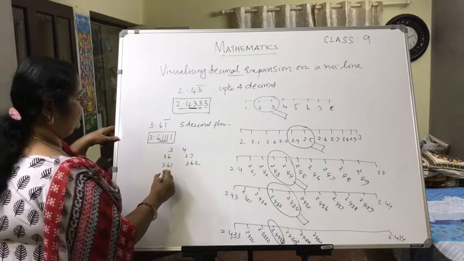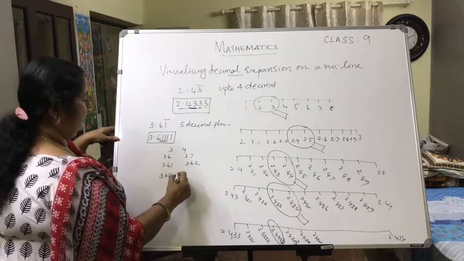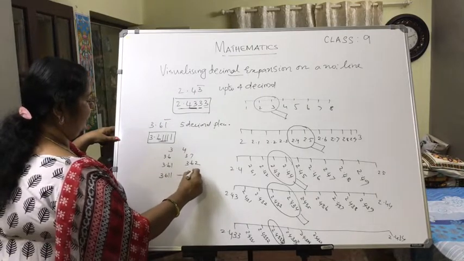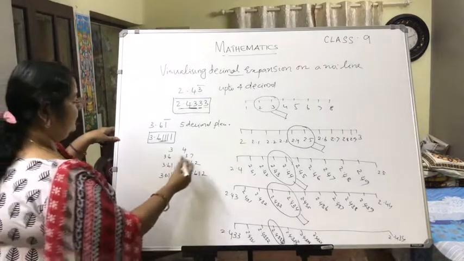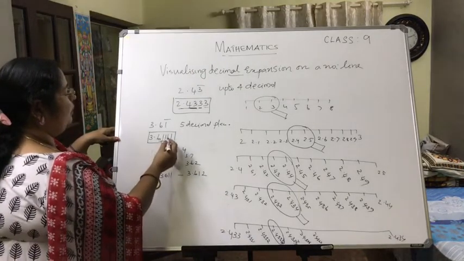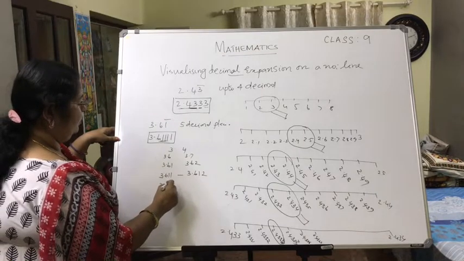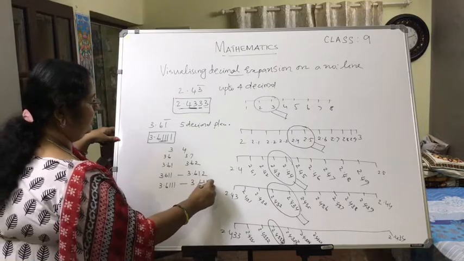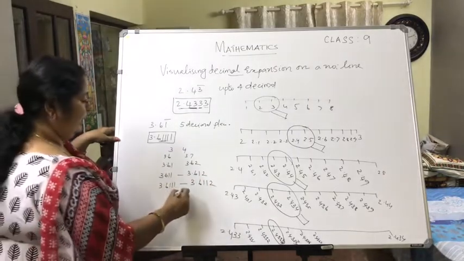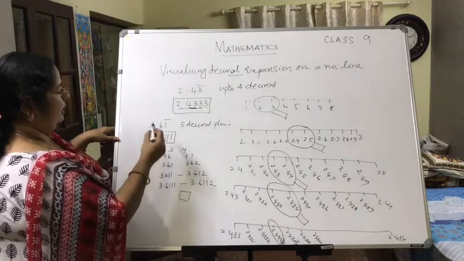So this will be between 3.611 and 3.612. Again, 3.61111. So this will be between 3.6111 and 3.6112. Here in the last step you will be getting 3.61111.